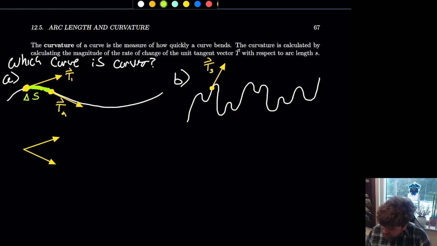And now I'm going to walk along that curve the same distance that I walked along the other curve. So we'll call that a little change in arc length, some delta S. So if I walk delta S along this curve, that seems about right. Now I'm going to be down here at this point, which means that if I sketch the tangent vector at this point, it's going to look something like this.